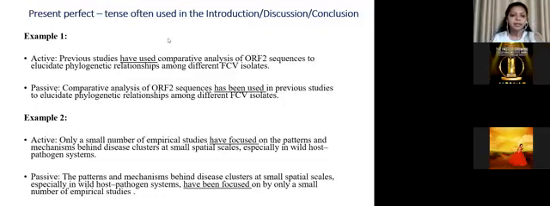Now here, one of these things is going to appear in an intro, so it's not a problem that we went for the active construction, because sometimes the active construction is more straightforward. So it's up to you to decide.